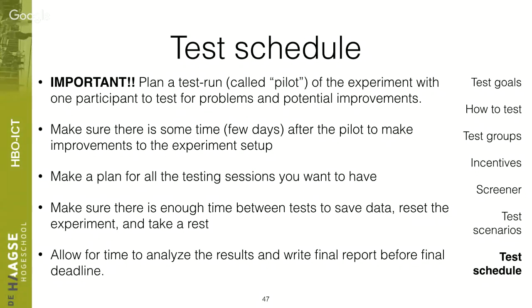And in this pilot, and I cannot stress this enough, you cannot do the pilot on one member of your own group, because one member of your own group already knows exactly what you want to test, already knows exactly what the experiment is like, already knows exactly what you want to achieve, so they will never fall into any of the problems that are there.